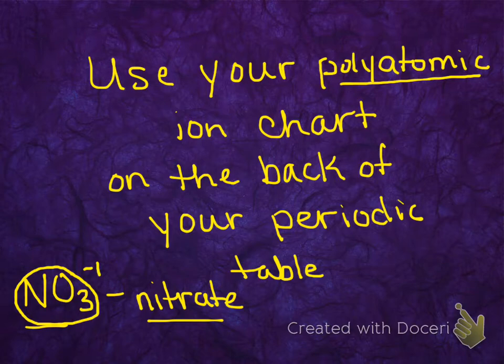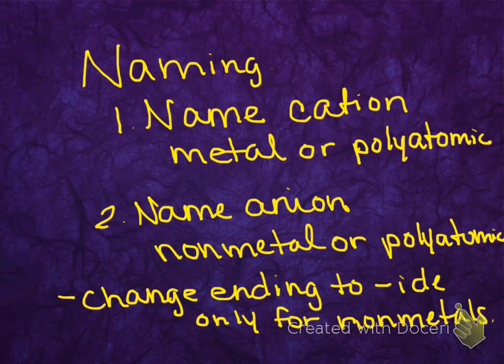Okay, so let's take a look at what we need to be able to do with these. The first thing we need to be able to do is to name compounds containing polyatomic ions. So the way we do that, we name the cation, which is the metal, or a polyatomic ion. We look and we see if it's a metal, or if it's got more than one atom in it, it would be something polyatomic from our polyatomic ion chart.